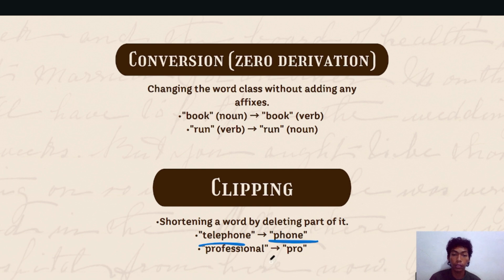Or when we say professional, for now it's just called pro, especially in mobile games or online games in tournaments, we just call them a pro player, not professional player. I think it's because professional is too long and we can just say pro.